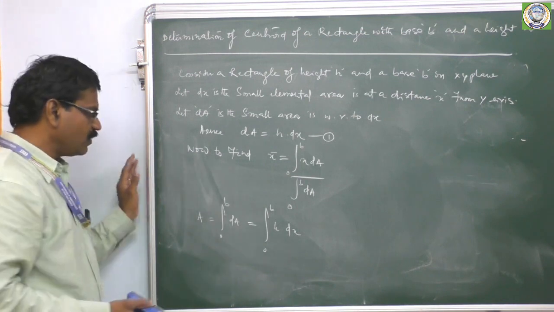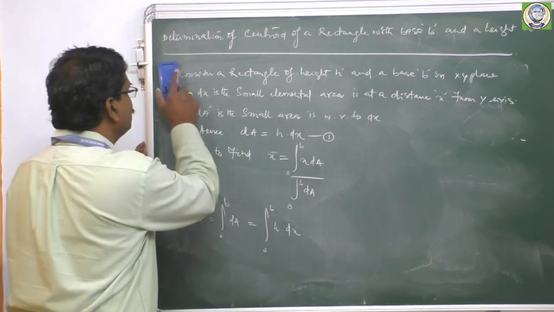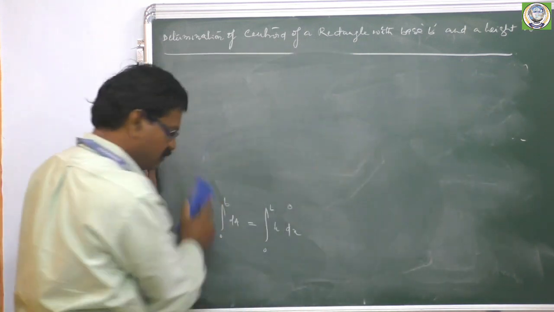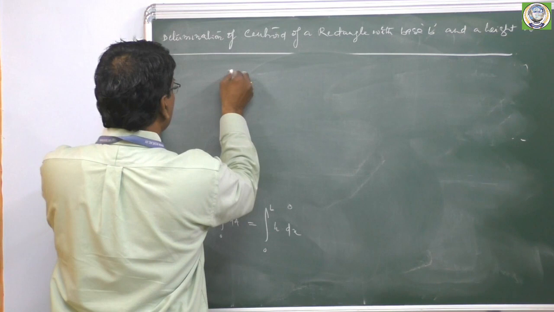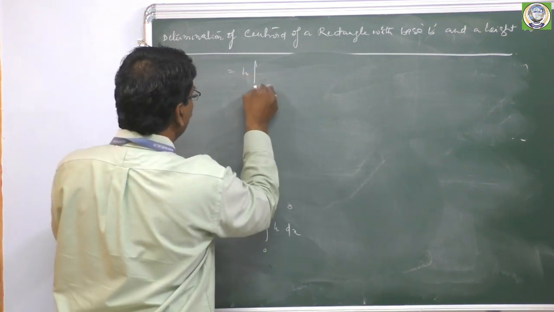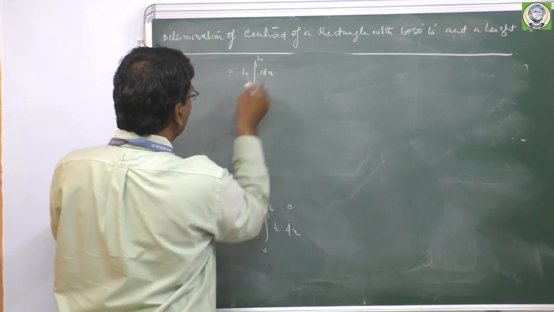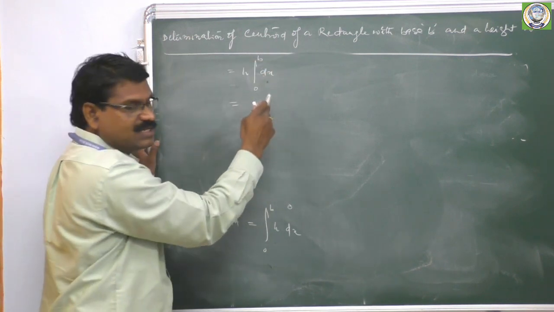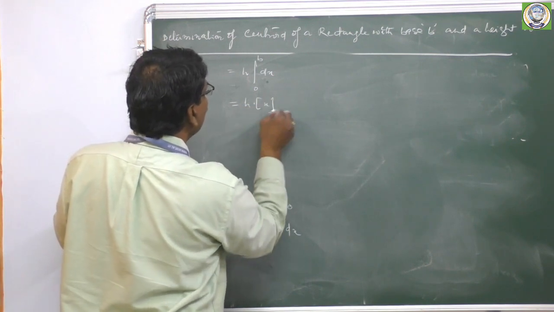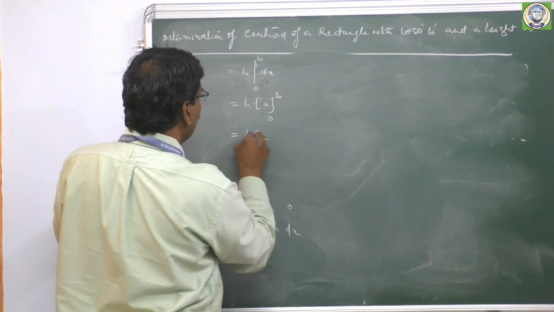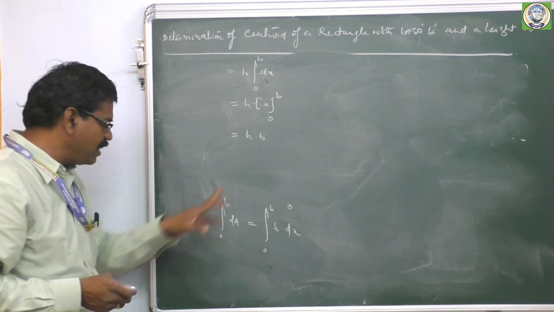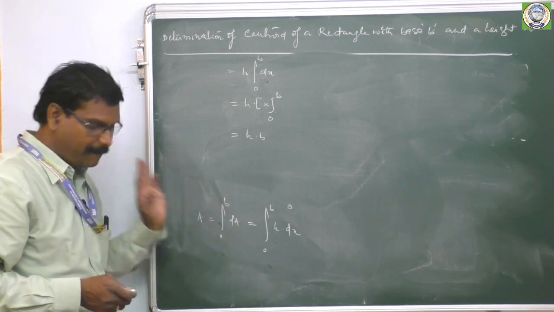Now, I would like to integrate this h dx, that is as follows. That implies, as h is constant here, take it out of the integral, h into integral 0 to b dx. We know that integral dx is nothing but x. Therefore, h into x in between the limits 0 to b, that implies h into b.